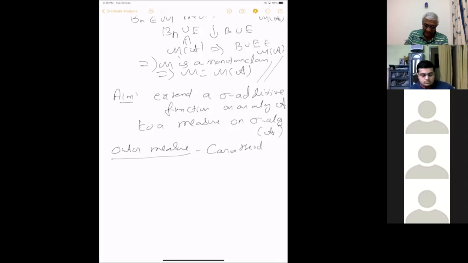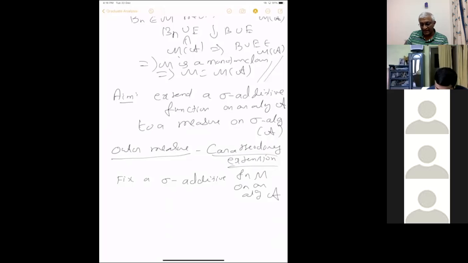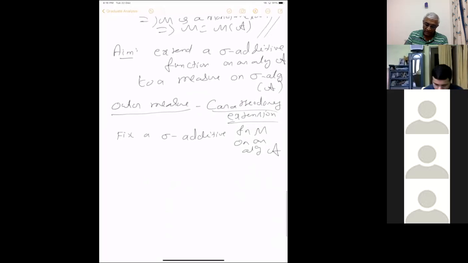Carathéodory, A or O, I think it's O. So this is the Carathéodory extension of a sigma additive function on an algebra A. Let's fix here a sigma additive function, let's call that also mu, on an algebra A. We have an algebra A, and we have a sigma additive function.